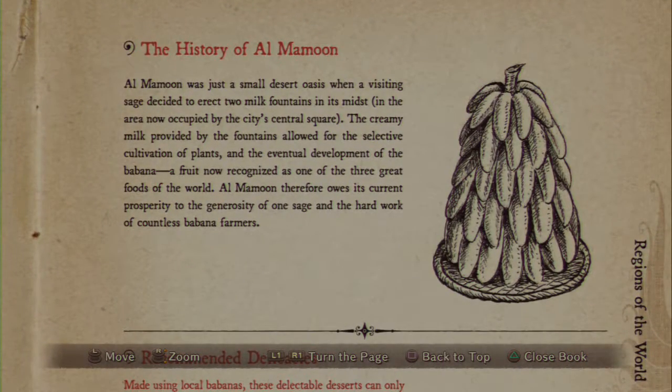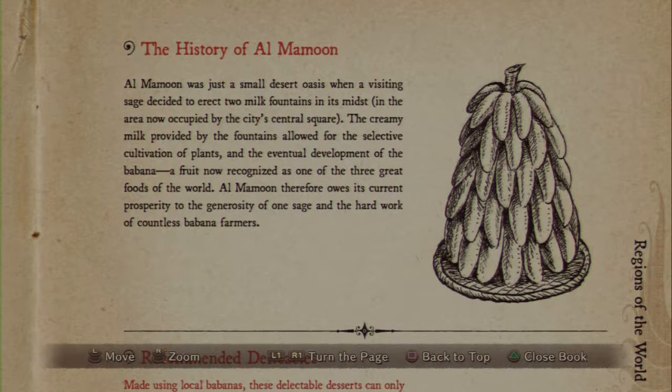And now we have the history of Mamoon. Mamoon was just a small desert oasis when a visiting sage decided to erect 2 milk fountains in its midst, in the area now occupied by the city's central square. The creamy milk provided by the fountain allows for the selective cultivation of plants and the eventual development of the babana, a fruit now recognized as one of the 3 great foods of the world.